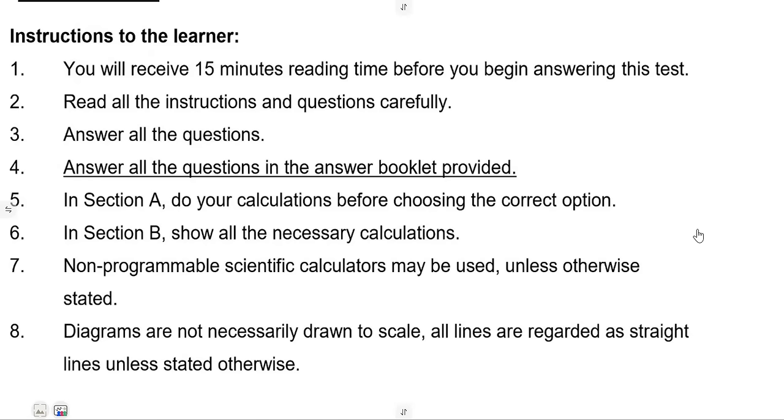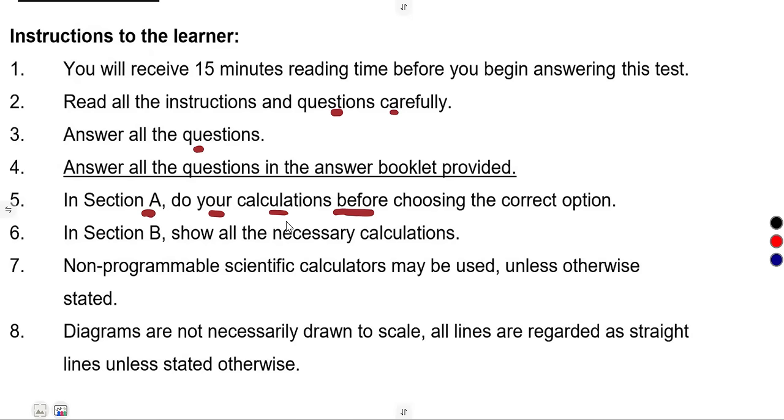So there we are given instructions: we are supposed to read the instructions and questions carefully, and answer all the questions that we are given. In section A, take note, do your calculations before choosing the correct option.